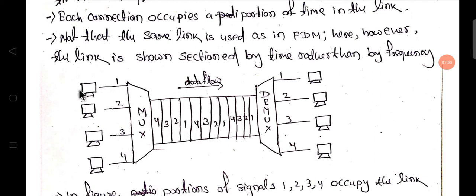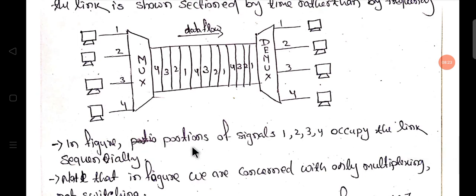This is input 1, input 2, input 3, input 4, and the link is divided sequentially. The first time slot is for 4, then 3, then 2, and then 1. Again the first time slot is for 4, then 3, 2, and this sequence is repeated. In the figure, portions of signals 1, 2, 3 occupy the link sequentially.